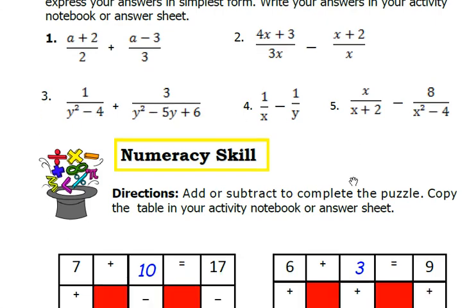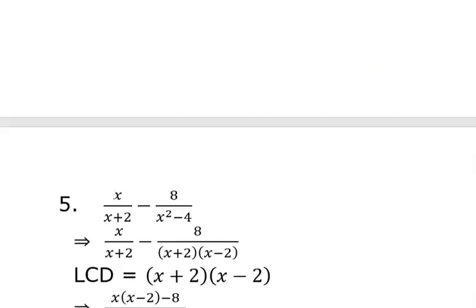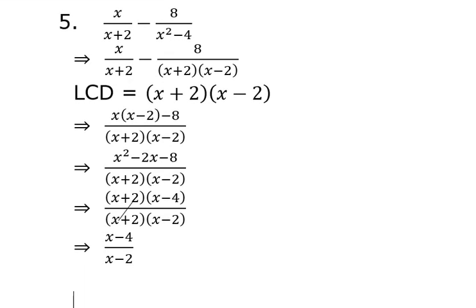And for number 5, x over x plus 2 minus 8 over x squared minus 4. LCD, we copy the first term, but we have to factor out the denominator of the second term. Then the LCD is x plus 2 times quantity x minus 2. Copy the LCD here.